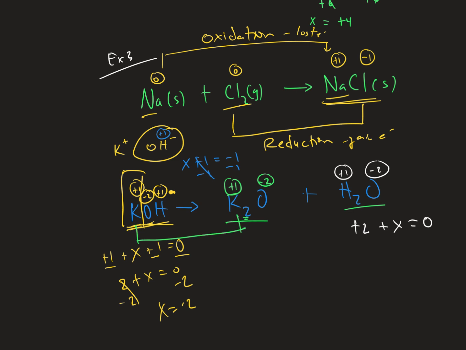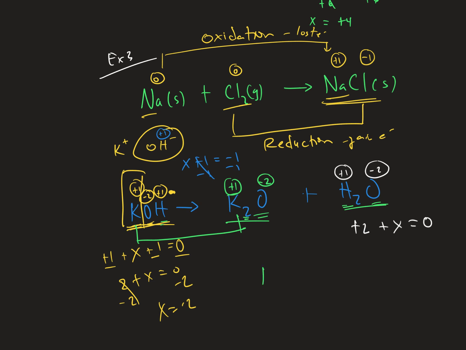Potassium goes from +1 to +1. Did it gain or lose electrons? No, it didn't. It stayed +1. What about oxygen? It goes from -2 to -2 here and -2 here. Doesn't change. Hydrogen goes from +1 to +1. Is this an oxidation reduction reaction?